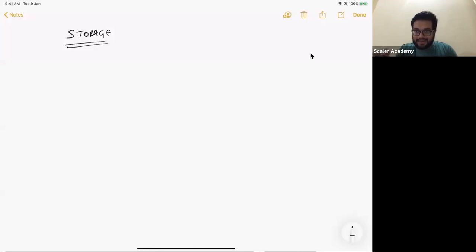Let's look at a real life example where you would see why studying these things makes a lot of sense. So let's say you're trying to build BookMyShow. Let's say the data for BookMyShow is stored in some tables. It's a relational database that they are using. Do you know what a relational database is?